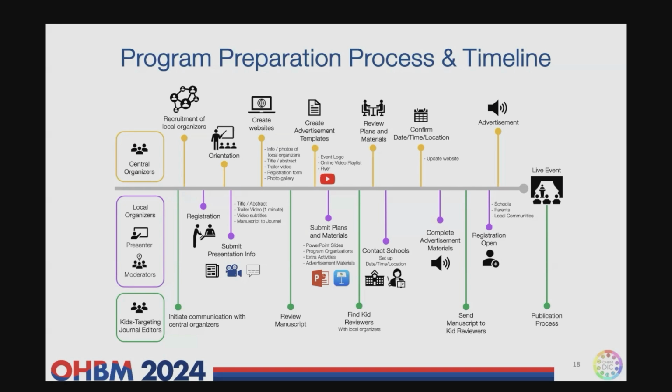From the recruitment of local organizers, communication between them, we do the registration to recruit the local organizers, provide orientation, and we create websites for them. They have to submit the title, abstract, the list of organizers, and a 1 minute short trailer video with subtitles.